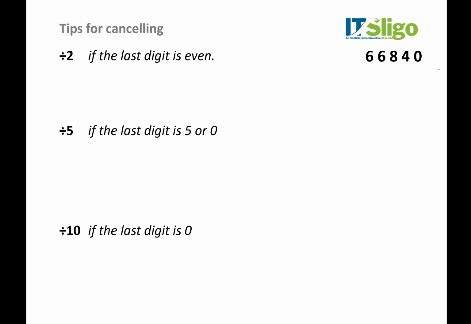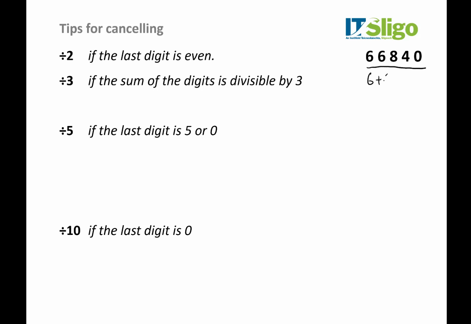How do we know if a number is divisible by 3 though? How you know a number is divisible by 3 is if we add up all the digits. So 6 plus 6 plus 8 plus 4 plus 0. This is 12, so that adds up to 24.